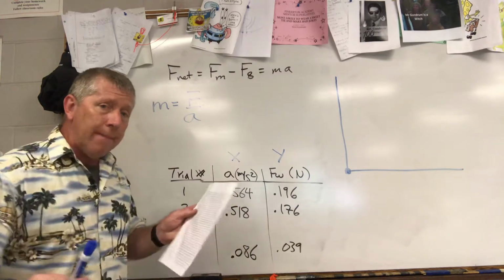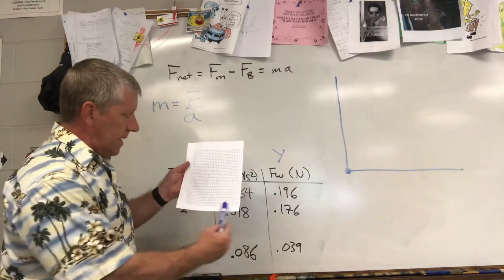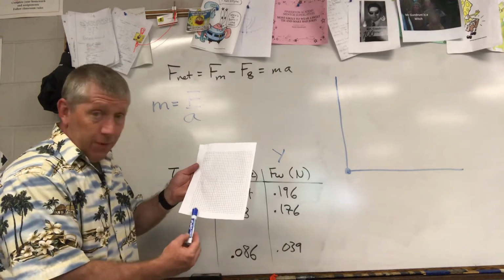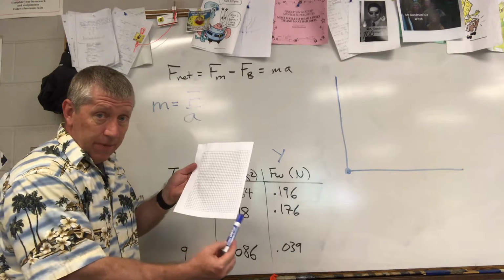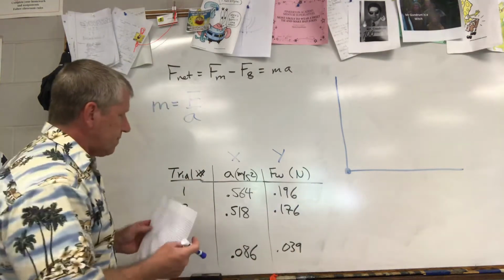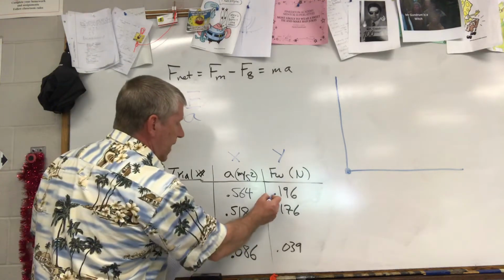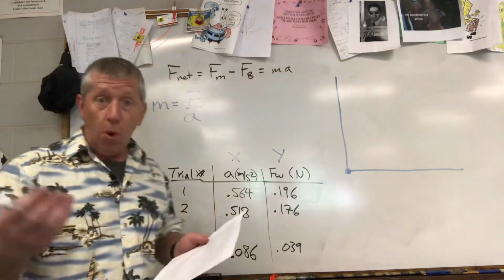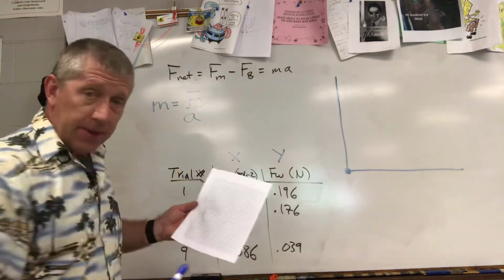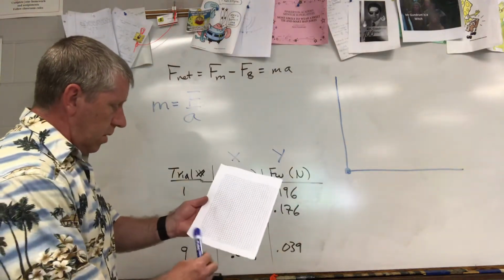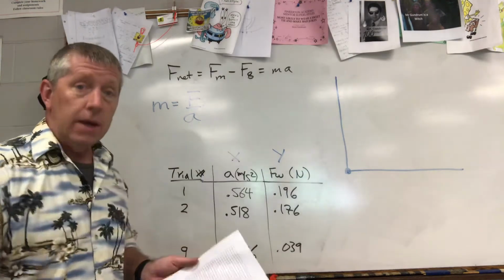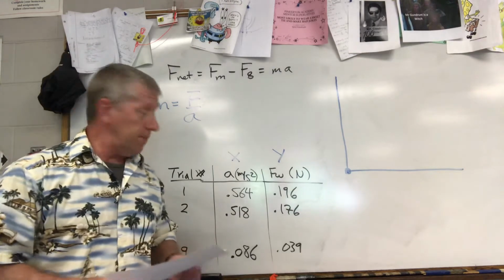So maybe I want my graph for the acceleration on the x-axis to go out to 0.6, maybe every 4 lines, 0.1, 0.2, 0.3, 0.4, 0.5, 0.6, something like that. And then here, you go ahead and figure it out, though. The highest value is 0.196, or 0.2. So you're going to have to make a scale that goes from 0 up to 0.2 to include all the data. You go ahead and do that. I have faith in you in figuring that out.